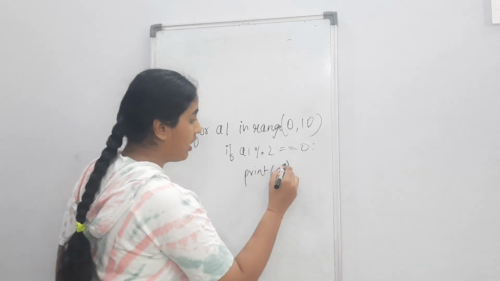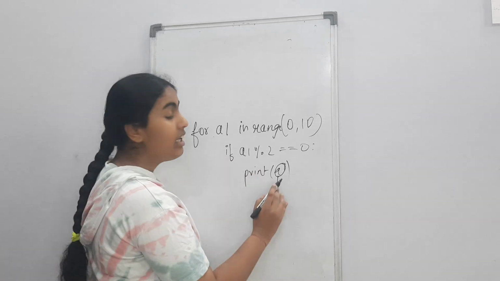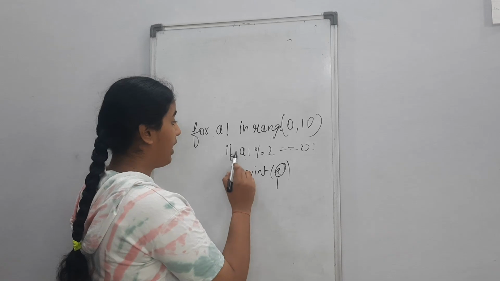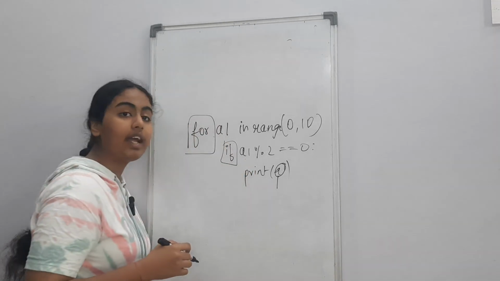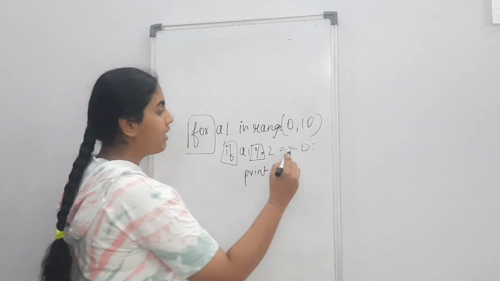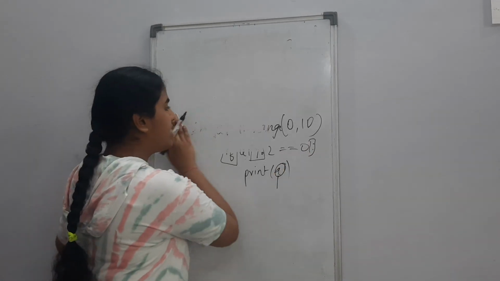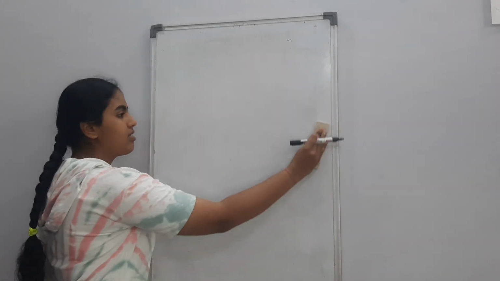Now over here A1 is an identifier, while here it is a loop variable, here it is an identifier. This is our condition, this is a keyword, this is a keyword, and then this is our operator, and this is our punctuator. So, these are basically what tokens are, and tokens are usually terms for the smallest possible unit of Python.